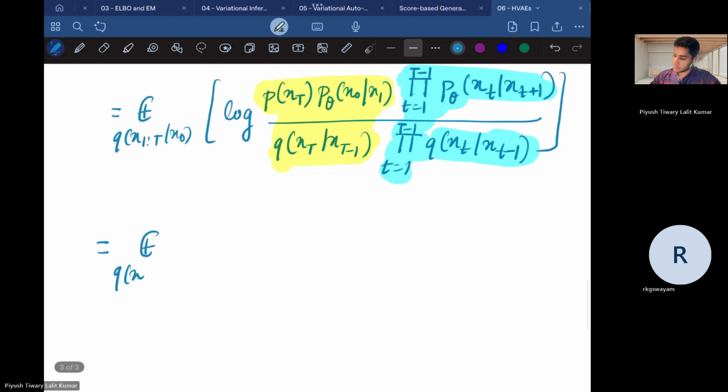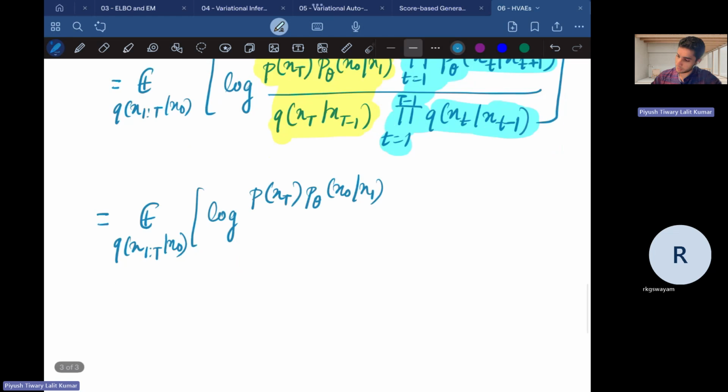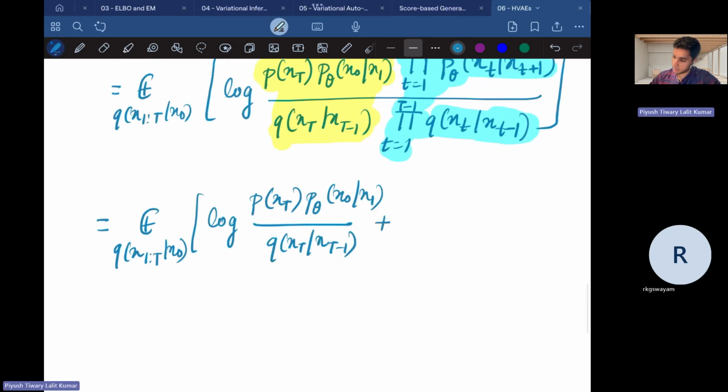Let's break that down. So q of x1 to t given x naught, this will be log of p of xt p theta of x naught given x1 divided by q of x capital T given x capital T minus 1, plus log of product of.